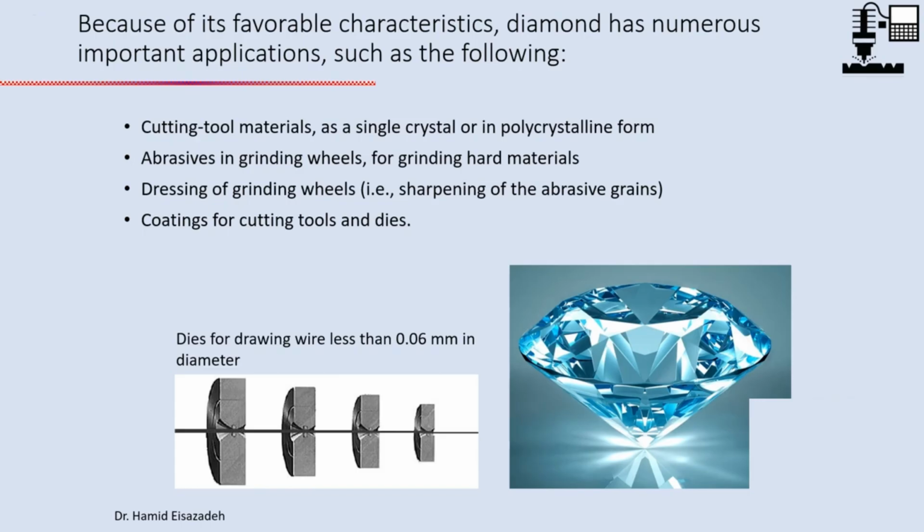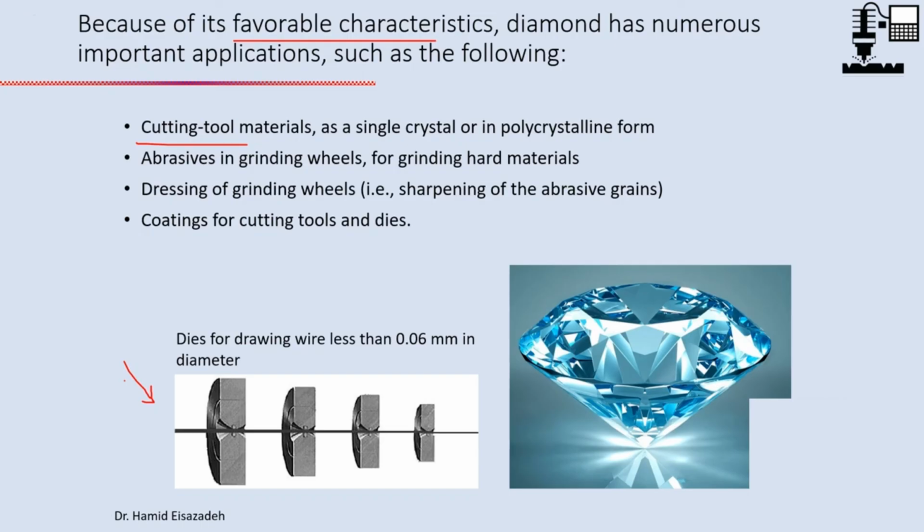Diamond has a lot of applications because of its favorable characteristics. Some of them are cutting tools. Another application is using diamond for the die to make wire. So you see the wires become smaller and smaller as they go through these different dies.